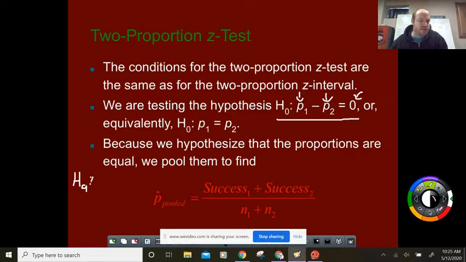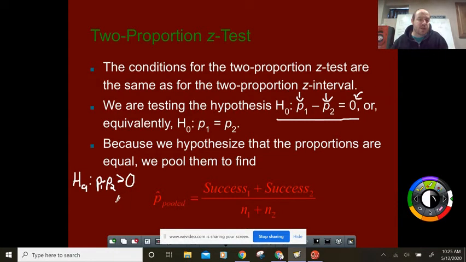So for the alternative, one of three things can be true. Either P1 minus P2, that's a minus sign right there, is going to be bigger than zero. So that's where we think that the difference between those does exist and it's going to be bigger than zero.